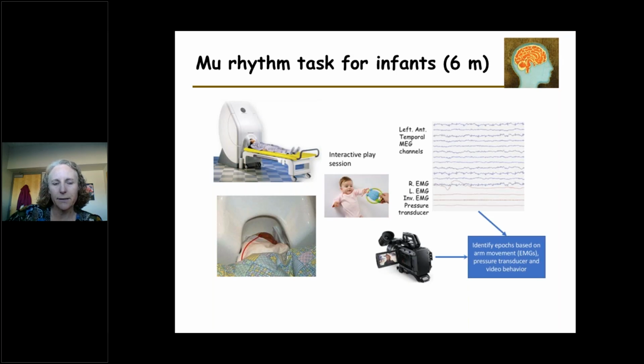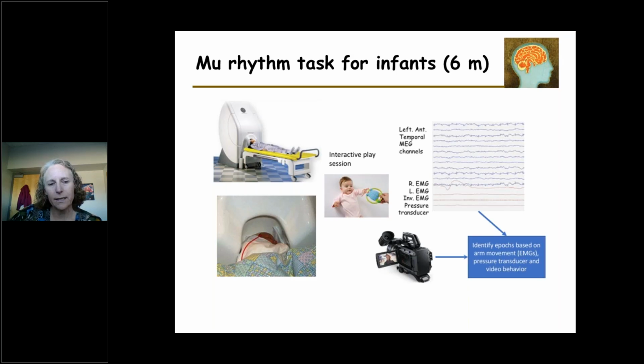One of the challenges with doing work with infants is that they can't explicitly follow instructions, and so you really need to develop tasks that they're willing to do just as a matter of course in everyday life.